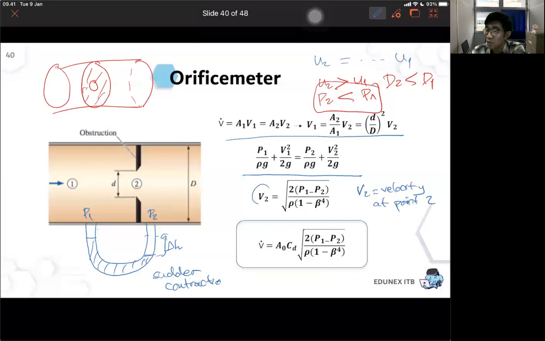This is the velocity, linear velocity. And this one is volumetric velocity. This is meter per second. This is cubic meters per second. This one is meter per second.